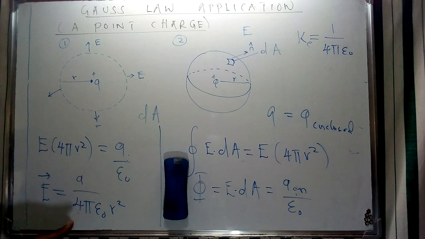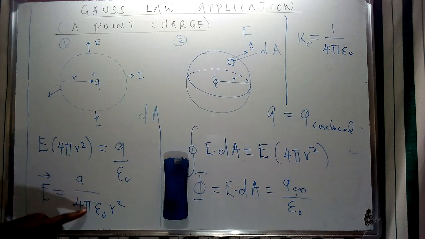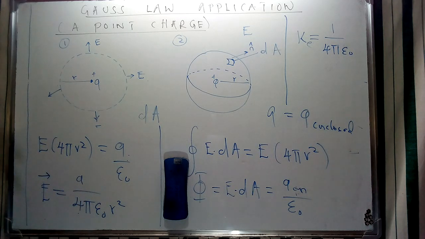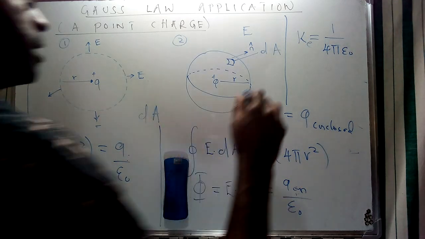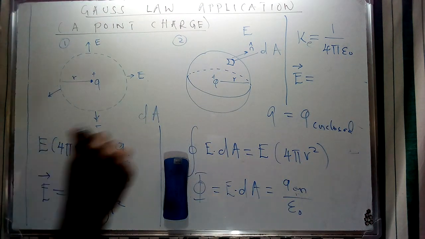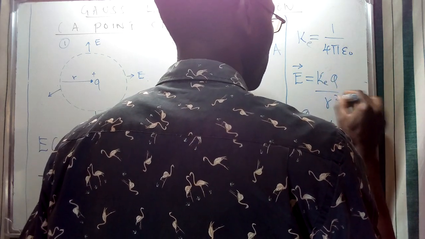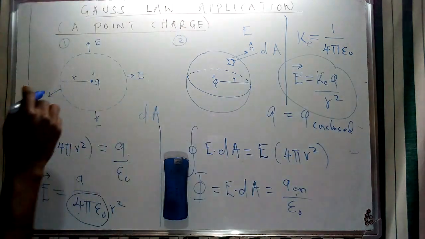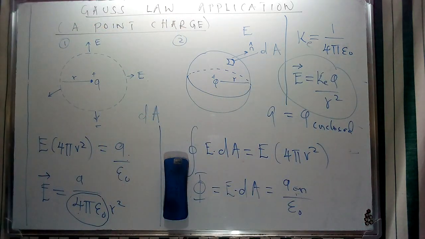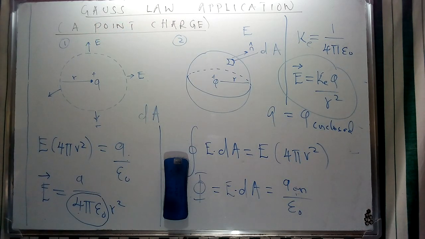So we can summarize this description for the electric field of a point charge Q over 4 pi epsilon by taking out this section as a reciprocal, which represents K. Then this electric field E, which is a vector field, is described by K Q over r squared. So this gives us a way of describing the electric field of a point charge using Gaussian law and the related concepts that we have mentioned.